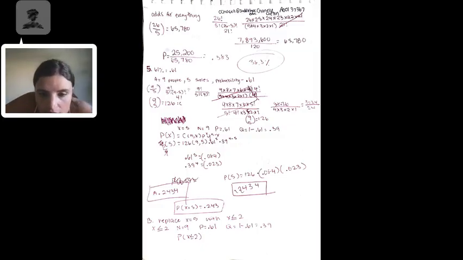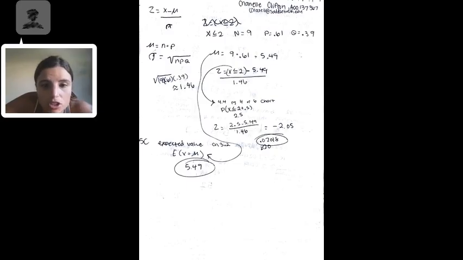We're going to enter that z-score as we go into the next page. Like I said, z equals x minus mu over sigma. We know what mu and sigma are equal to, and we have those values with x less than or equal to 2, n equals 9, p equals 0.61, q equals 0.39. The one thing we did need to do was solve for x less than or equal to 2.